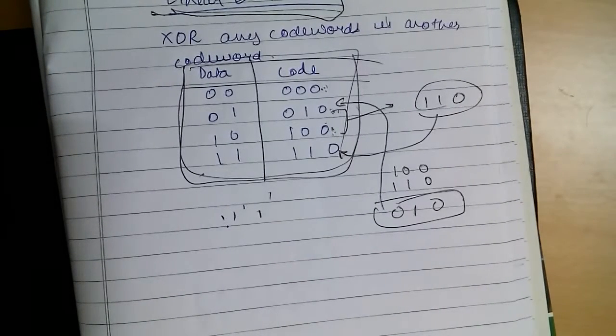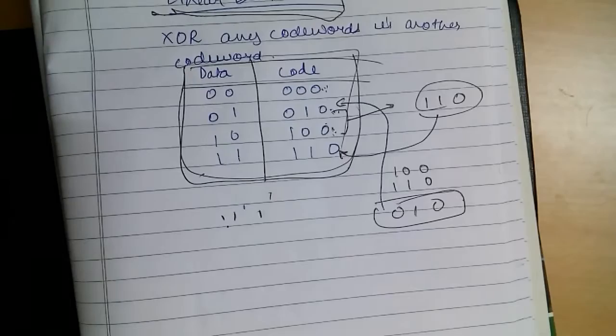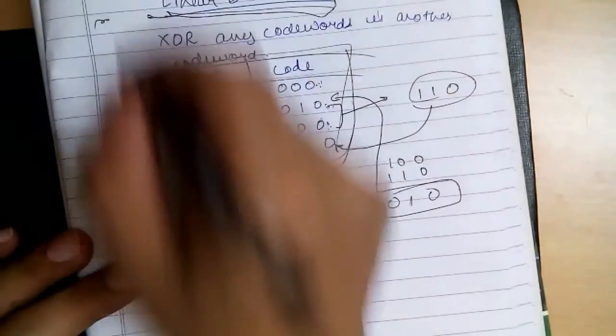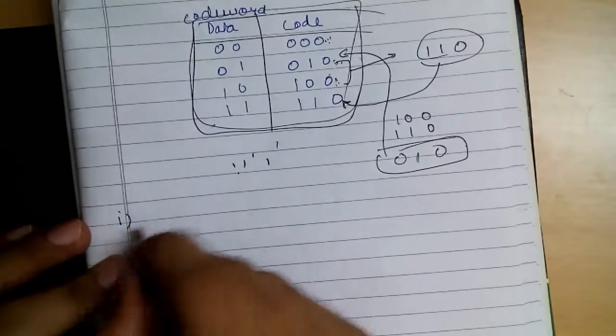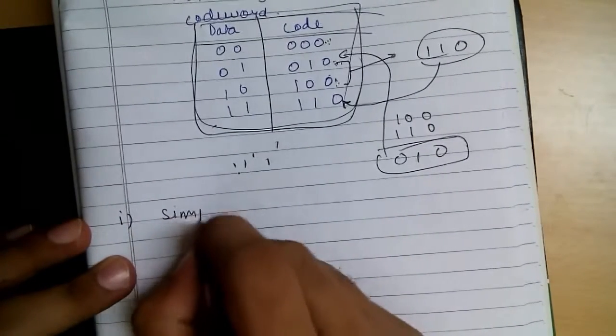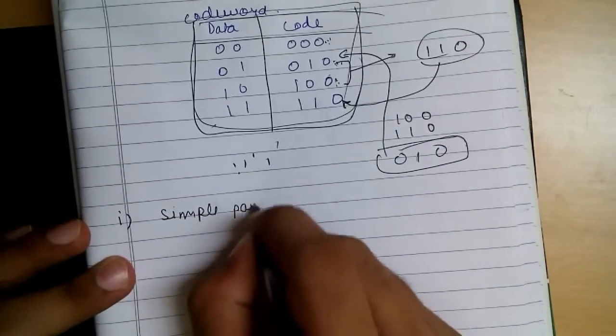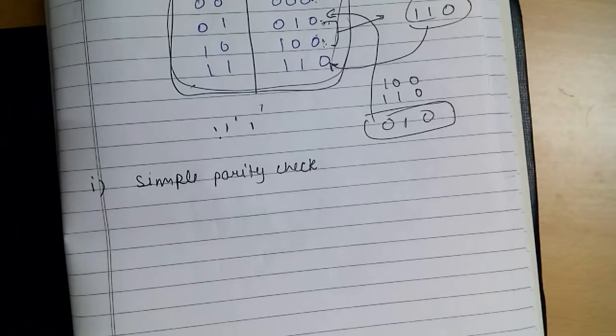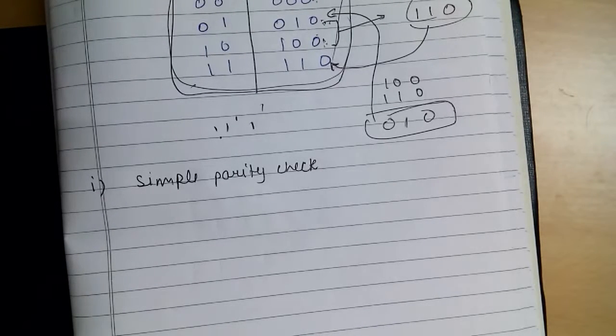Well, the first one we are going to talk about under these linear block codes is known as simple parity check. What is this? Well, simple parity check is an error detecting code.